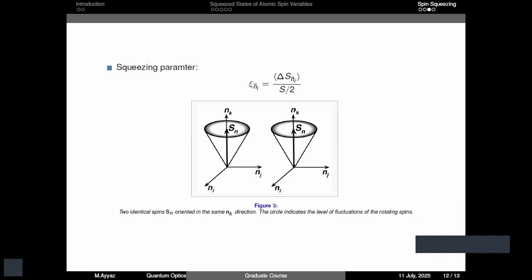Then the mean spins on the axis orthogonal to this axis are going to be 0. So there could not be spin squeezing in individual atom, but there is chance of squeezing in the atoms collectively. And this is the idea of spin squeezing in multi-atom system.